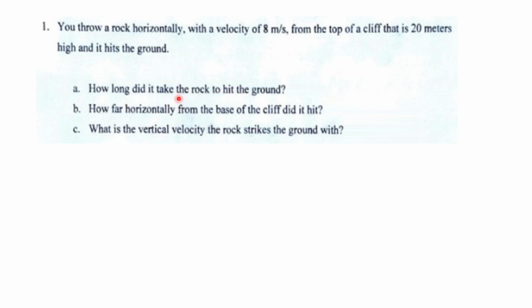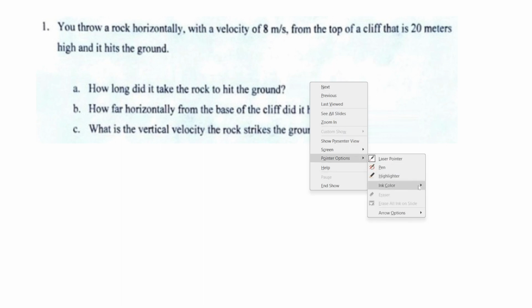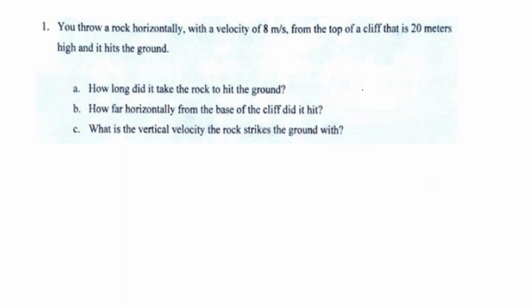So before reading these three questions, let me draw the diagram for the given situation. It will be much easier to imagine. So some cliff is there. Now I'm standing here and I'm throwing a ball or rock exactly horizontally with a velocity of 8 meter per second.